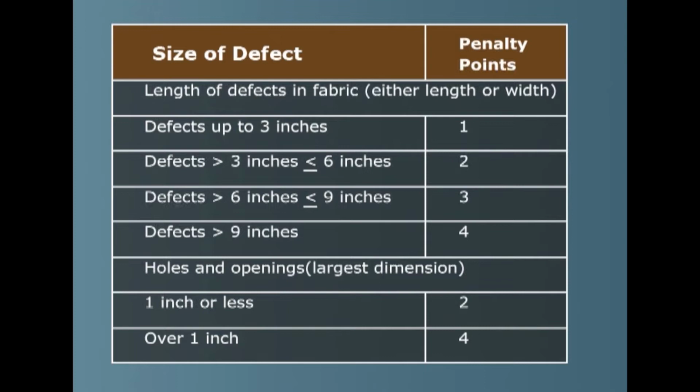In case of defects that are more than 6 inches and up to 9 inches, the penalty points given are 3, and defects more than 9 inches will be given 4 points. Holes and openings with a largest dimension of 1 inch or less will be given a penalty point of 2, and over 1 inch it is going to be 4.